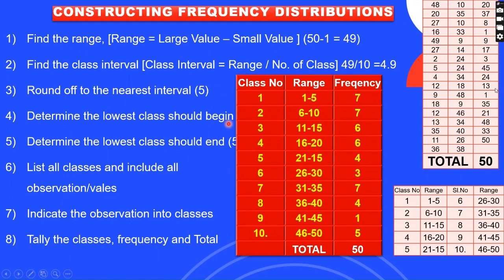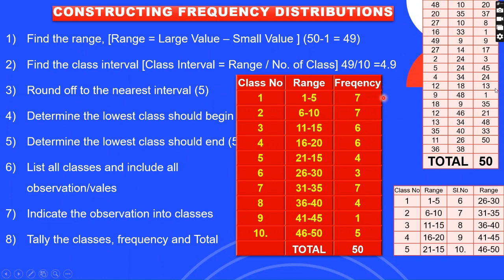Then determine where the lowest class should begin. That will be 1. Then determine where the lowest class will end, so that will be 5. Then list all classes to include the observations: 1 to 5, 6 to 10, 11 to 15, and so on.